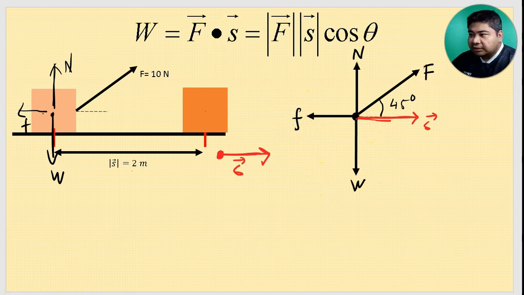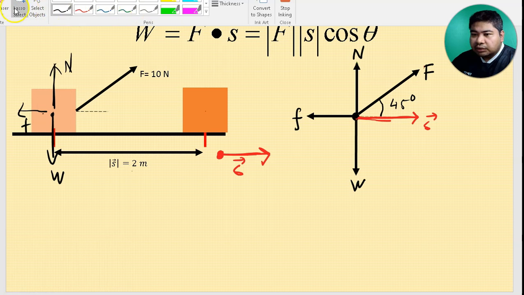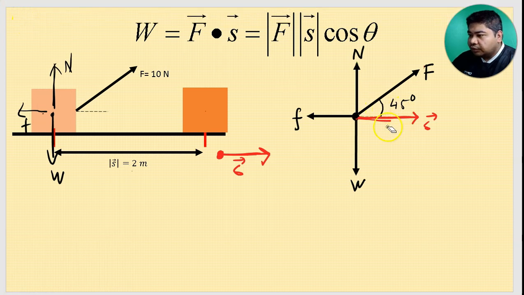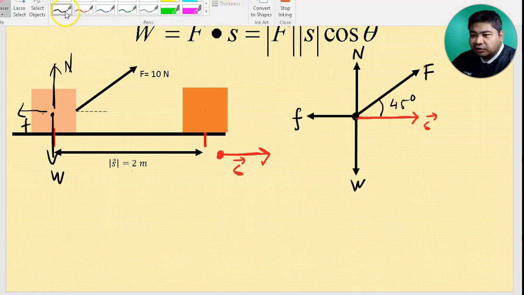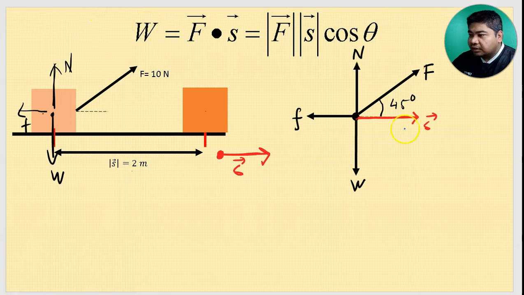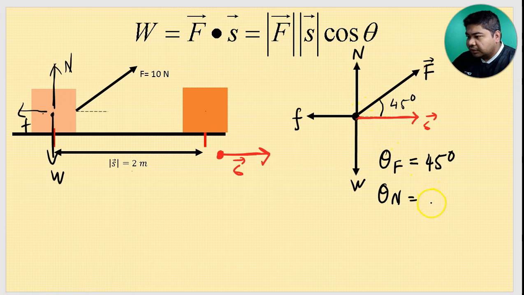By looking at the diagram, this is the external force vector, and the angle between the external force and the displacement is 45 degrees. The angle between the normal and the displacement is 90 degrees.